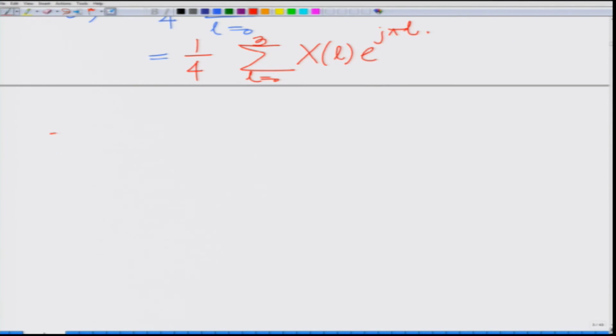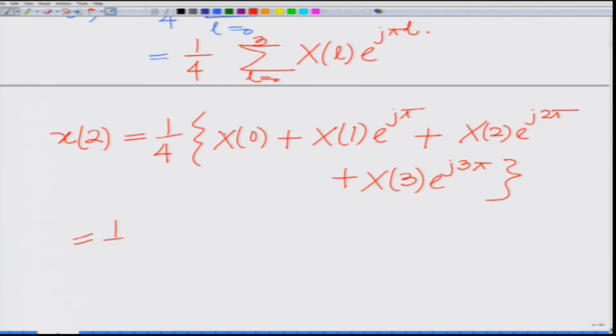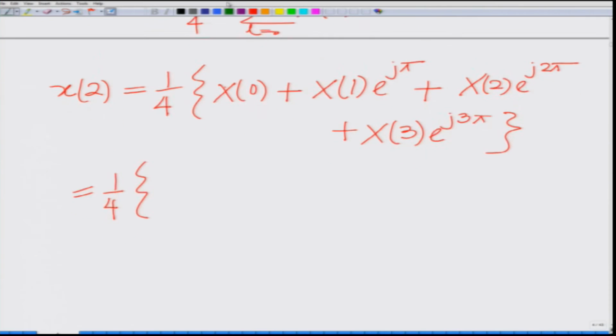Now, substituting, of course, the capital XLs, which are the symbols loaded onto the subcarriers, I have 1 over 4 x0 plus x1 e power j pi plus x2 e power j 2 pi plus x3 e power j 3 pi, which is equal to 1 over 4, again hoping that I am making no mistakes.